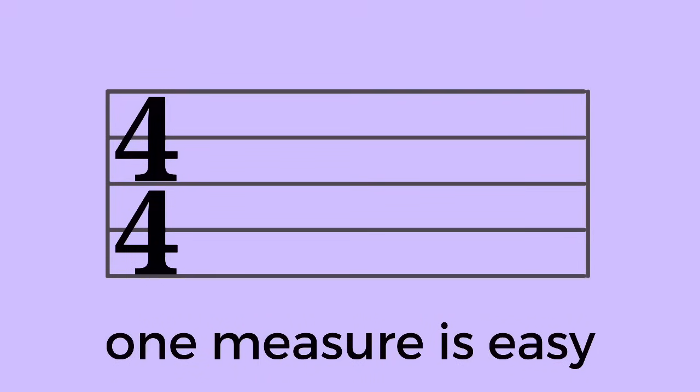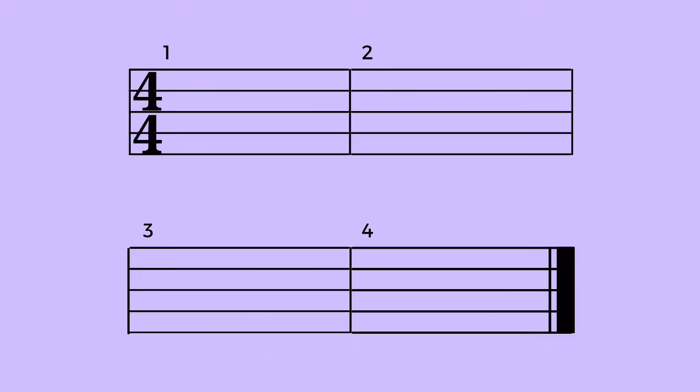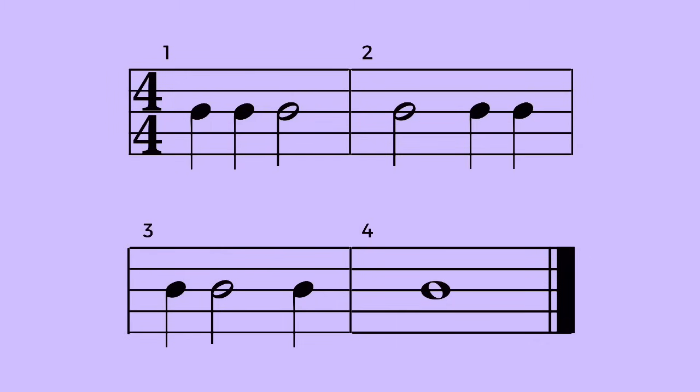Okay, one measure of call and response is easy, but what's actually more difficult is counting the rhythms correctly with multiple measures of music. Here are 4 measures of rhythm. Look at it, figure it out in your brain. You're gonna try it first, then we do it together so you can tell if you did it right. Prepare yourself. 1, 2, ready, go.